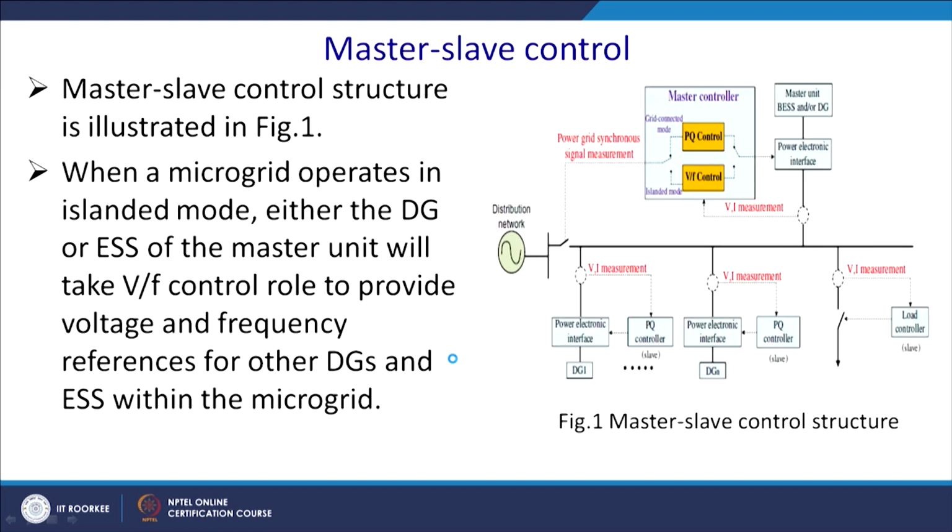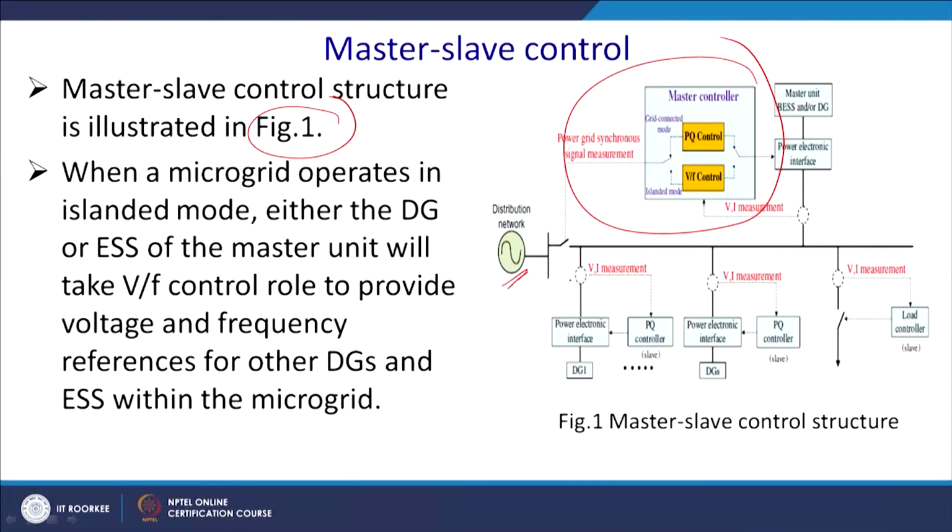Now, let us first understand the Must-have control, and it is illustrated in figure 1. So, you have a main grid, that is a distributed network, and here you have a master controller. This master controller essentially can be of two kinds.